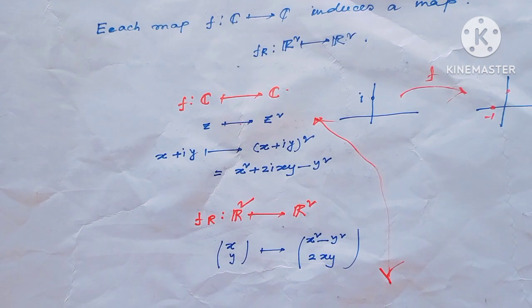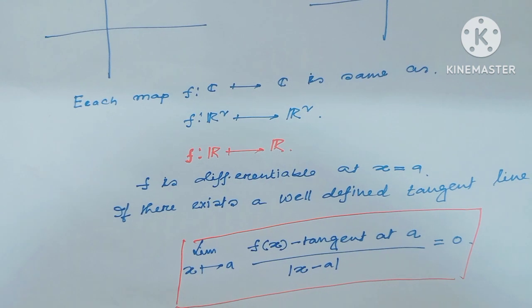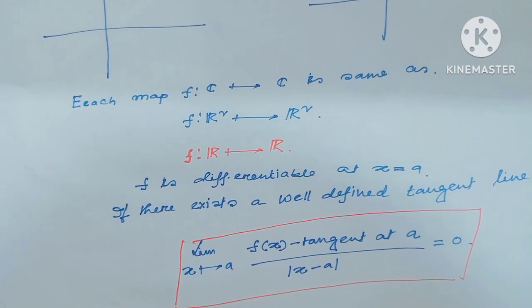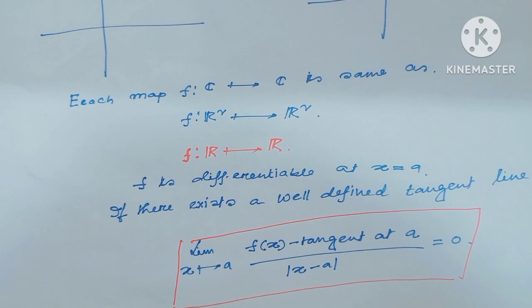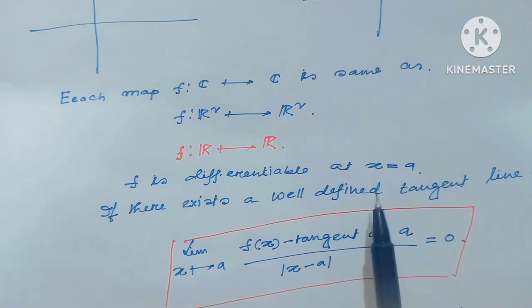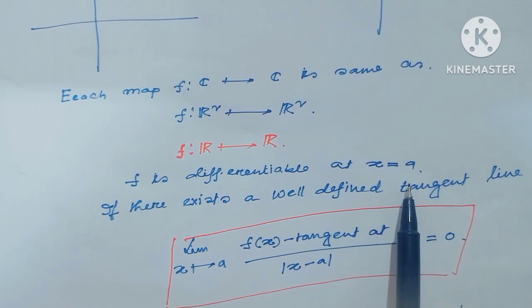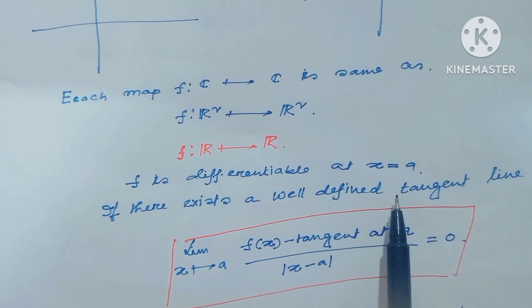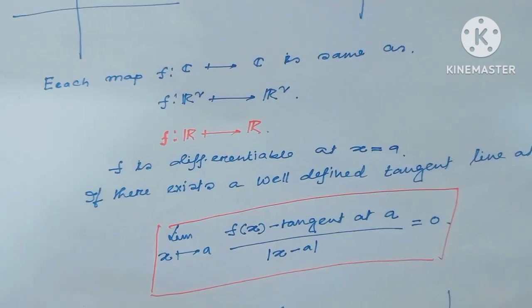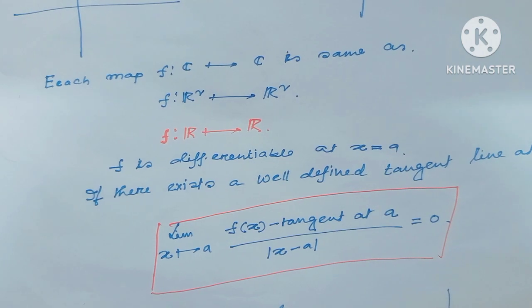Okay. First I will see when the function is defined from the real line to the real line. All of us know that when f is defined from the real line to the real line, f is differentiable at the point x equal to a if there exists a well-defined tangent line at the point a. This is the meaning of differentiability.